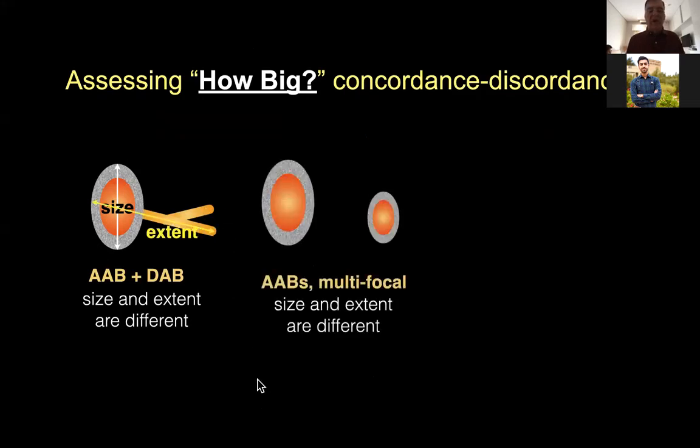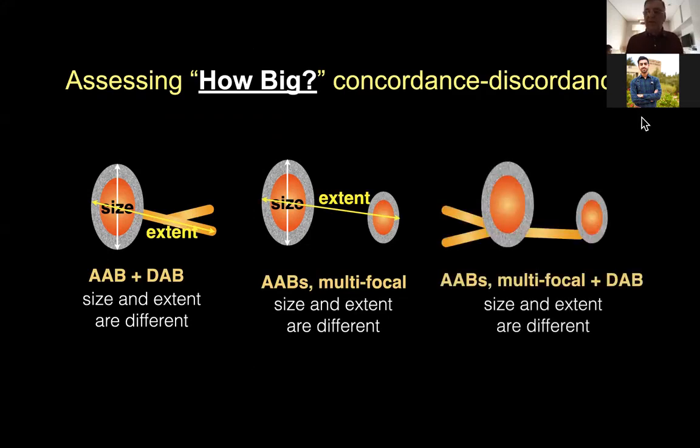If it's multifocal in TNM, the size is the maximum diameter of the invasive lesion with its thick echogenic rim, but the extent is the outside to outside dimension between the two farthest apart foci. And if we have a mixture of DAB and AAB, the largest diameter according to TNM is the size, but the extent you can see is quite a bit larger.